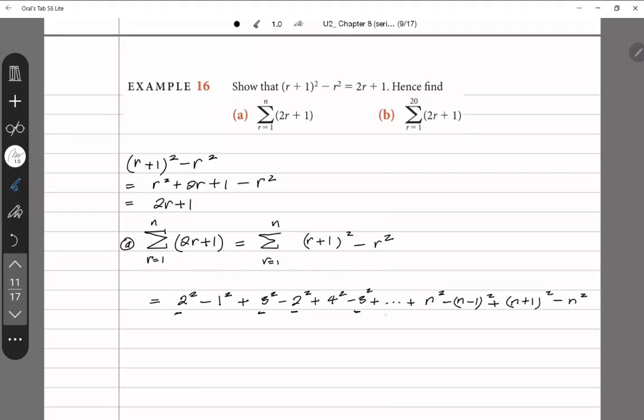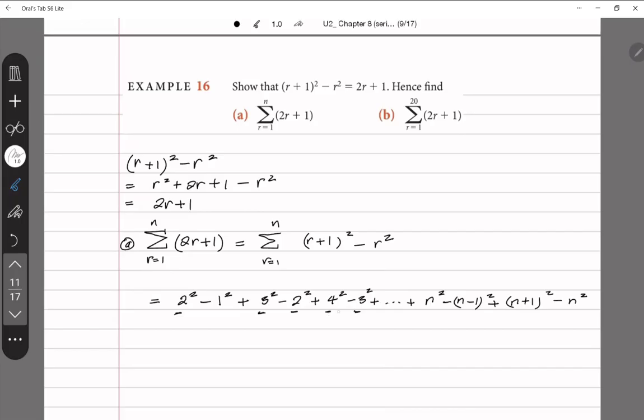So one would assume that 4 squared would have also disappeared, that this would have disappeared in the next term, because the next term, when r is 4, would have 5 squared minus 4 squared.